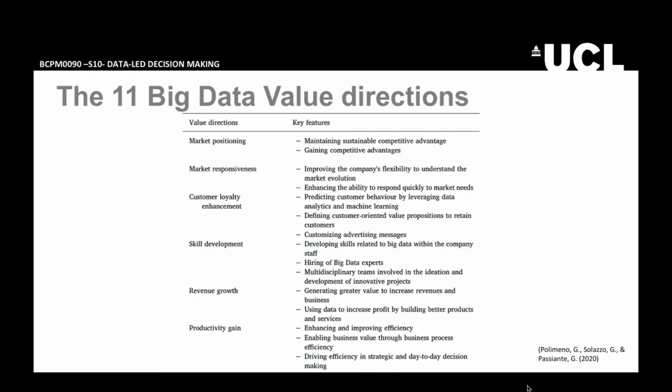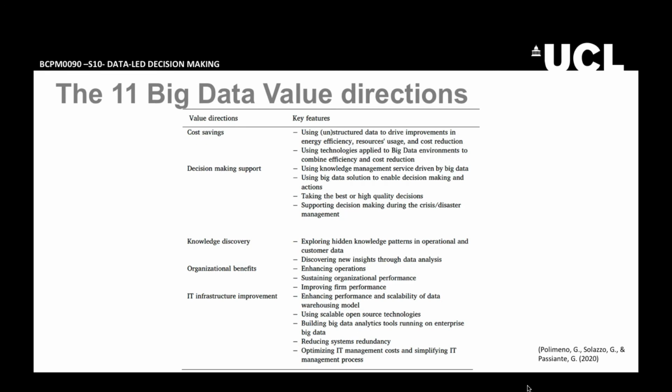From these 5 dimensions of value, we can determine 11 value directions, which are market positioning, market responsiveness, customer loyalty enhancement, skill development, revenue growth, productivity gain, cost saving, decision making support, knowledge discovery, organizational benefits, and IT infrastructure improvement.